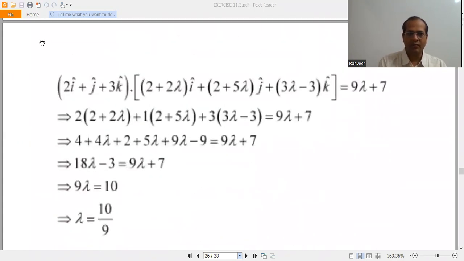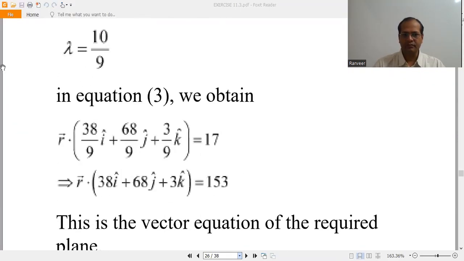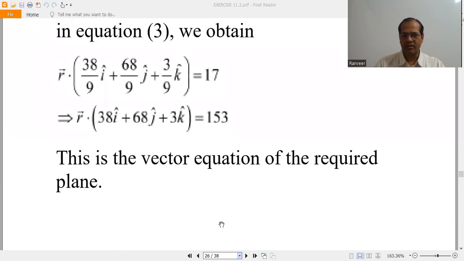So i and i is here, so 2 plus 2 lambda, j and 2 plus, and here k, 3 lambda minus 3, equal to 9 lambda plus 7. Now after that, the lambda value we got, we just have to substitute in the given equation. So r dot (38 by 9 i plus 68 by 9 j plus 3 by 9 k). So this is the vector equation of the plane.